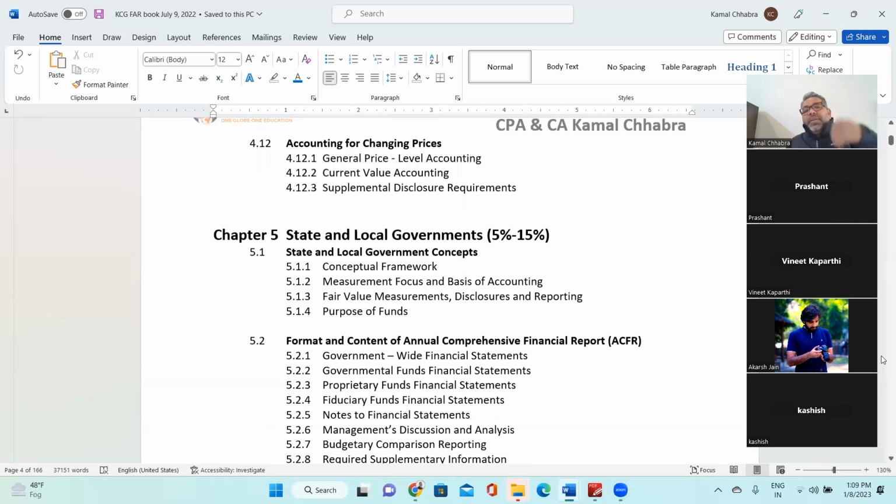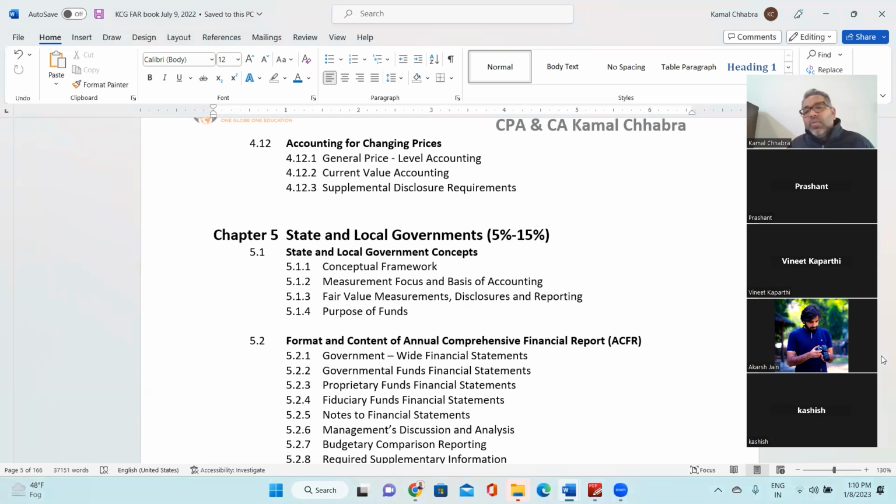And the last topic in the fourth chapter is accounting for change in prices. Like you might have seen some companies, like petroleum product manufacturers. Have you heard about the companies who make polyethylene, polypropylene, or maybe chemical products from petroleum, right? The petroleum price fluctuates every moment.